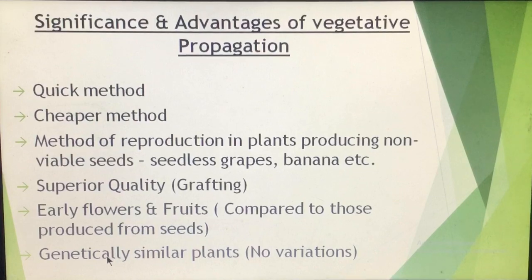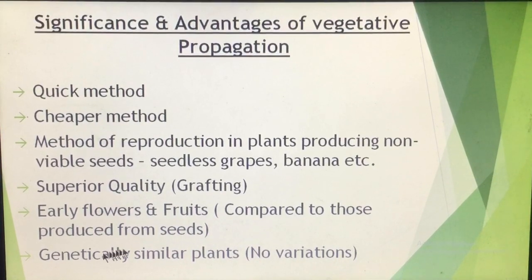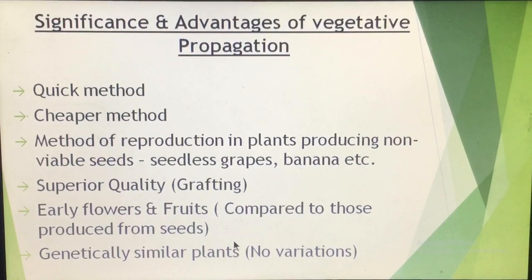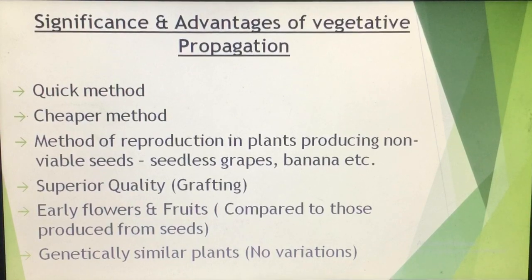Genetically similar means the plants are the same as the parent plant, no variations are seen. Plants के अंदर कोई भी variation नहीं होती है. So these are the natural methods as well as the artificial methods of vegetative propagation.